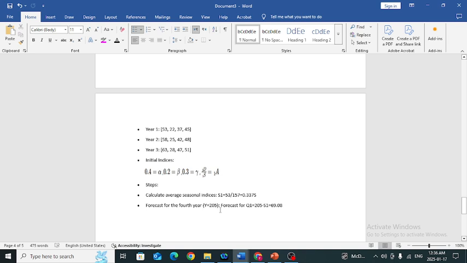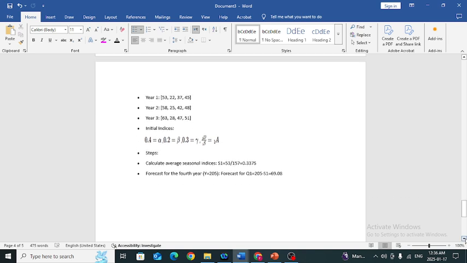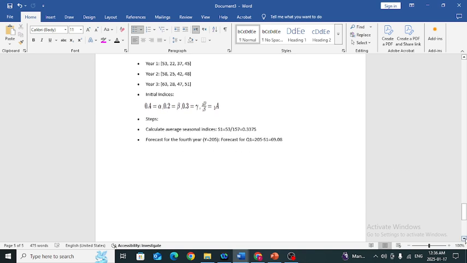Y is equal to 205, as I told you, by putting some data in the previous formula we can arrive at 205. The forecast for quarter one is equal to 205 multiplied by S1, which is 69.08.